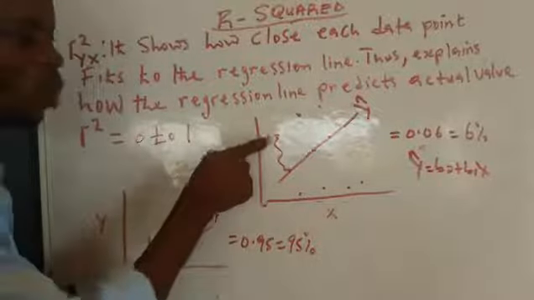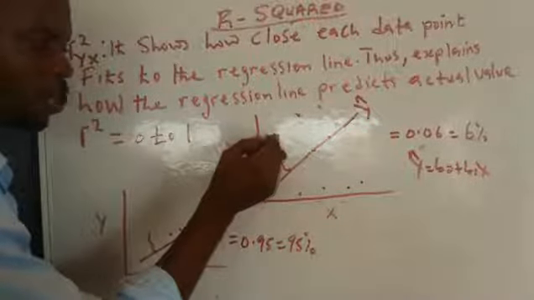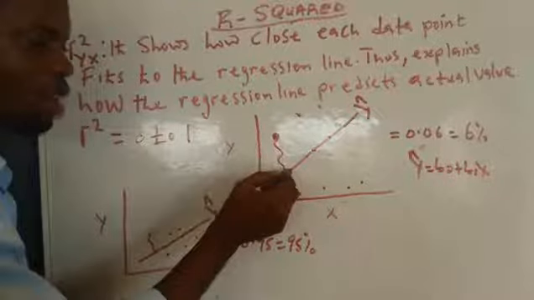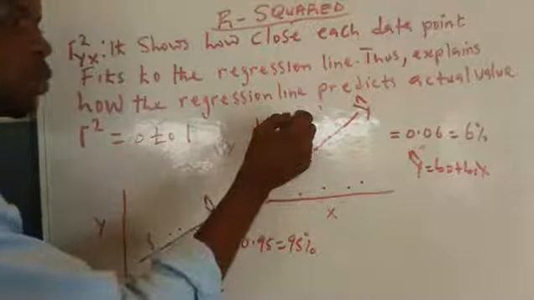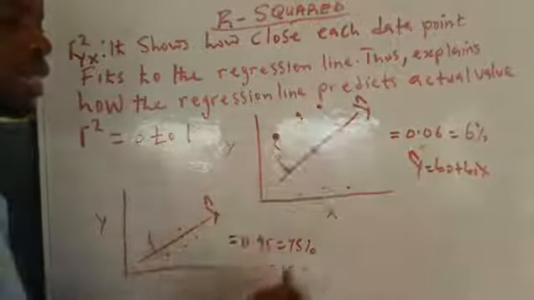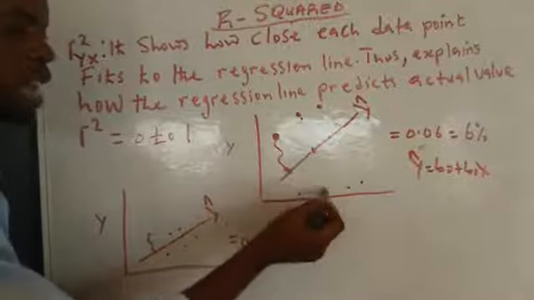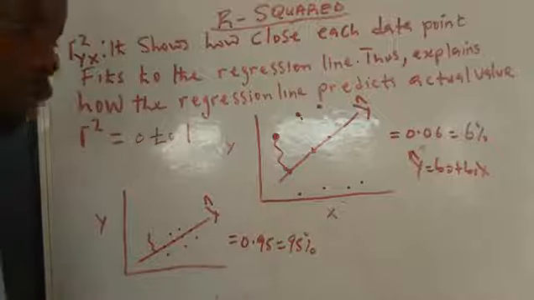You can see how far this observation moves away from this line, and how this one moves away, and this one, and this one. So that is the variation, that is the deviation.